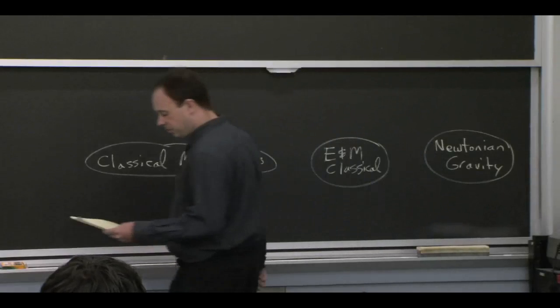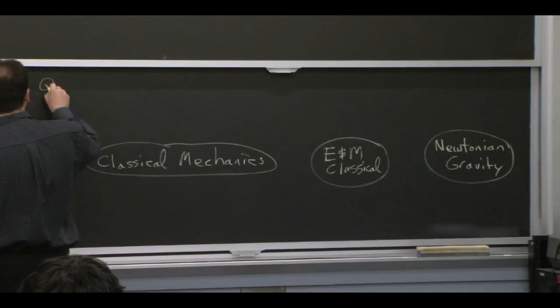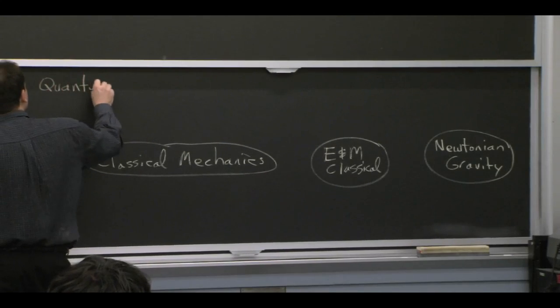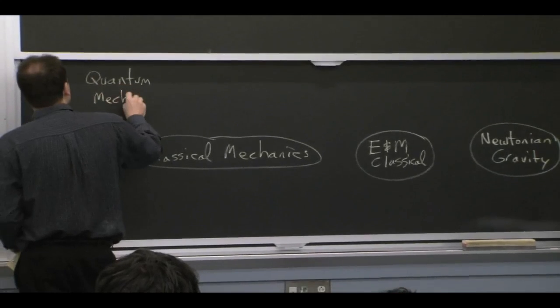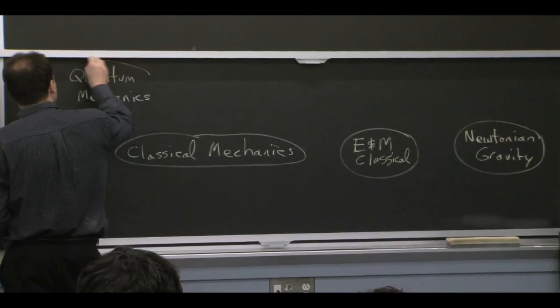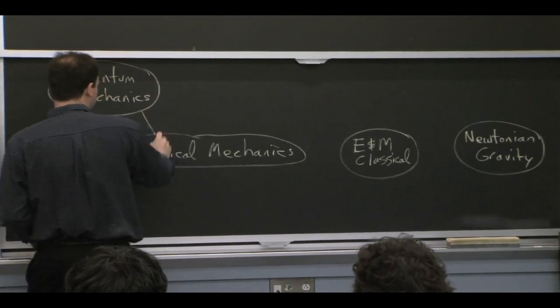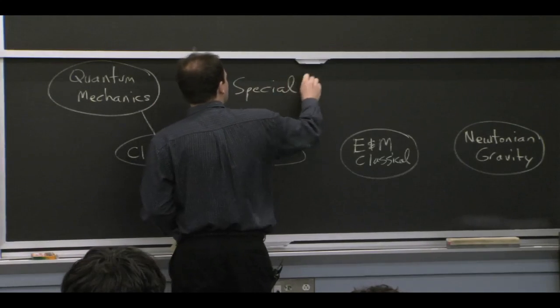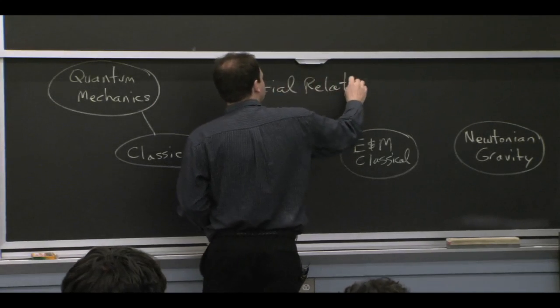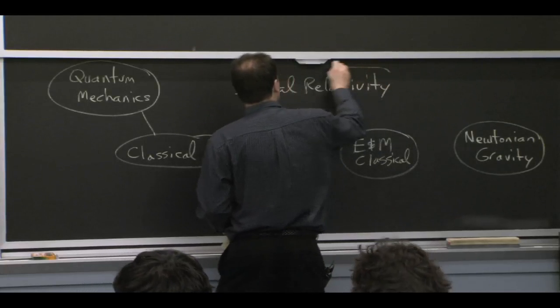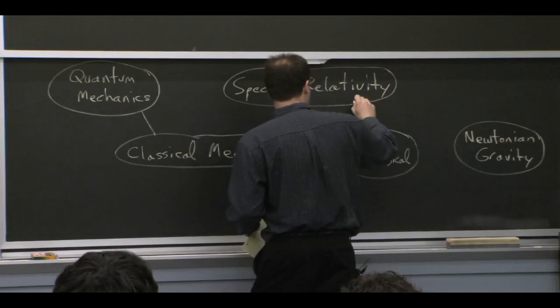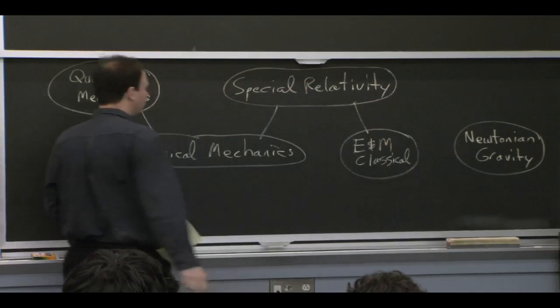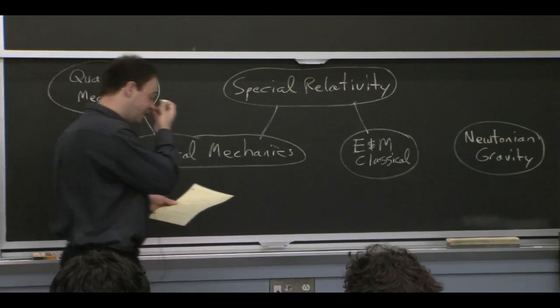These things are your starting point, and then you build on them. So you learn quantum mechanics, and that builds on classical mechanics. You learn special relativity, which is building on both classical mechanics and electromagnetism.